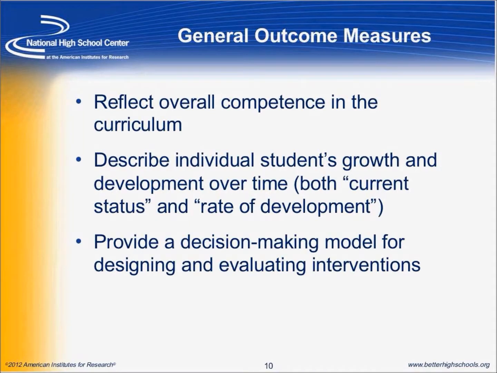Most people are using general outcome measures as progress monitoring probes, or specific types of general outcome measures. And the early warning system tool gives us some information that would be more aligned with the general outcome measure type of information than the mastery measurement type of progress monitoring probe.